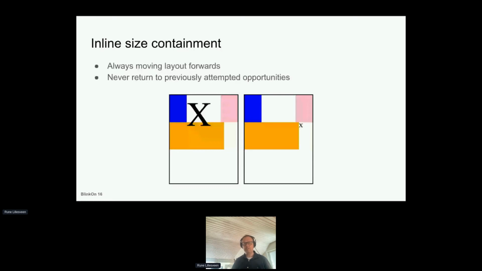We move it down, and then there's a container query that reduces the font size of that X. In that case, it will fit beside the orange float, but it would also fit between the blue and the pink floats. But if you move it back up, the font size would be large again, and we would end up in a loop if we tried to fit it in the same position that we did the first time.